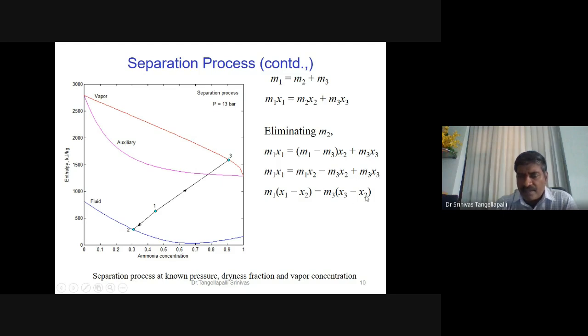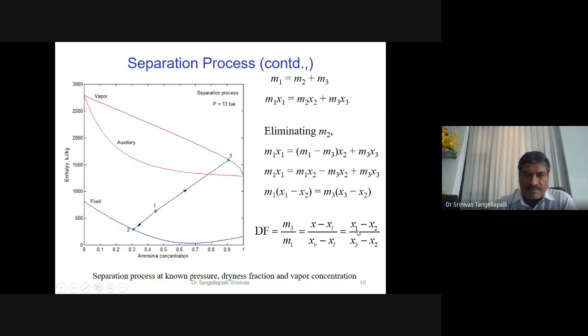Now you can separate the mass ratio and the concentrations. The mass ratio M3 by M1 is equal to X1 minus X2 by X3 minus X2.